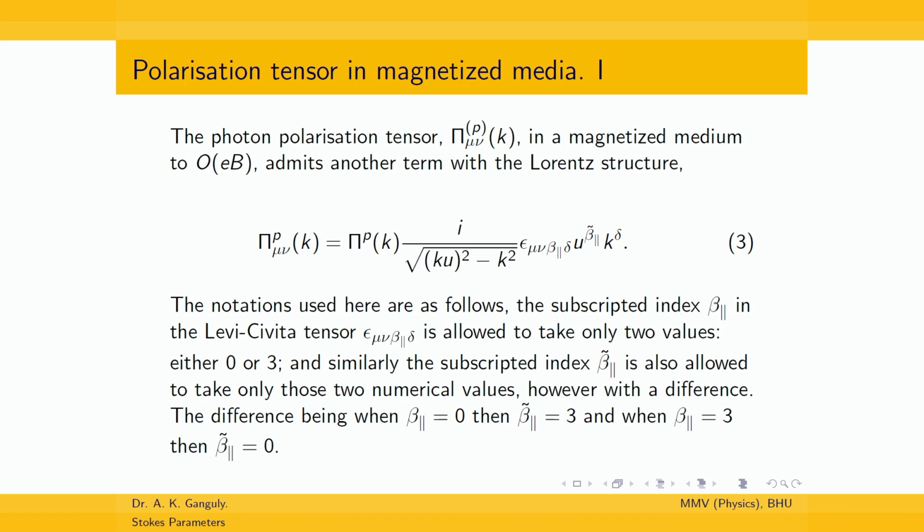Actually, the parity and the time reversal invariance would be compensated by the Levi-Civita symbol and the factor of i that is sitting over there, where at the end of the day we come to realize the magnetic field that should be present should have a spatial role, with a spatial form, in the expression for the scalar form factor pi p of k.